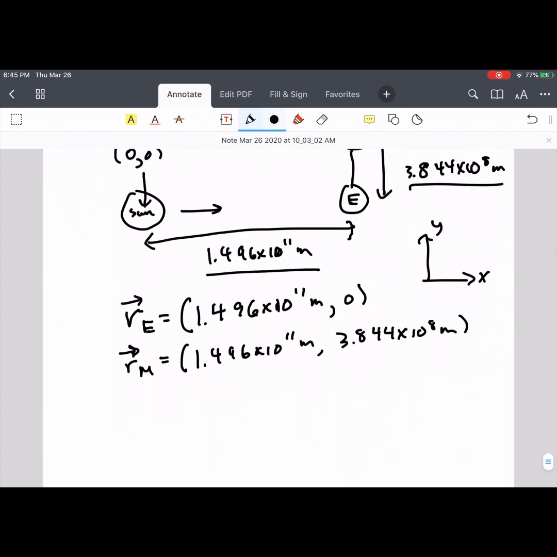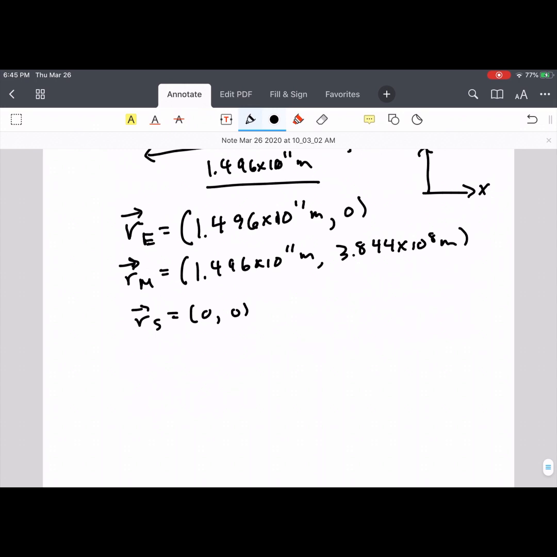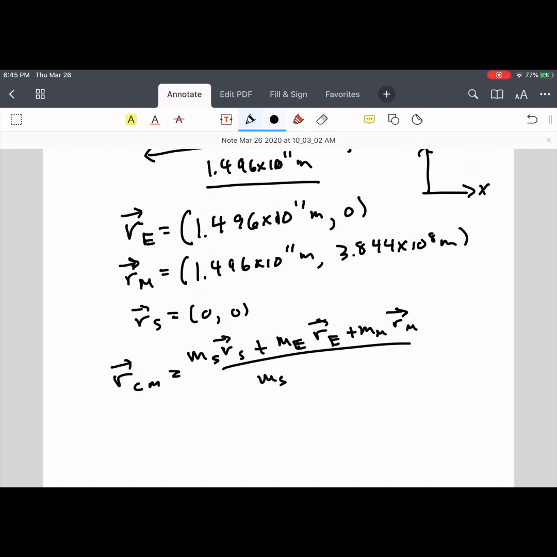And now that I know all 3 of my objects, and just as a reminder, the position of the sun is just 0, 0, I just have to plug into my formula. So the position of the center of mass is the mass of the sun times the position of the sun plus the mass of earth times the position of the earth, plus the mass of the moon times the position of the moon, divided by the sum of the masses, which is pretty much just the mass of the sun, because the sun is much, much larger than either the earth or the moon.